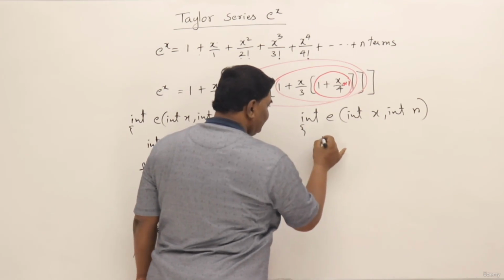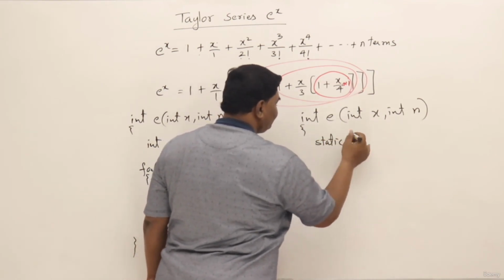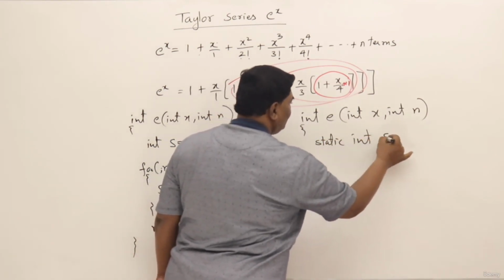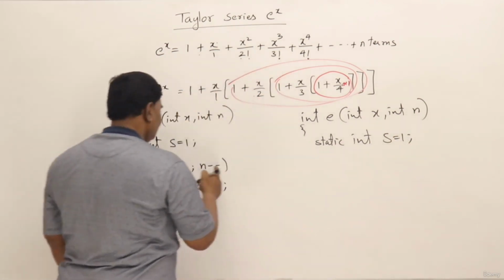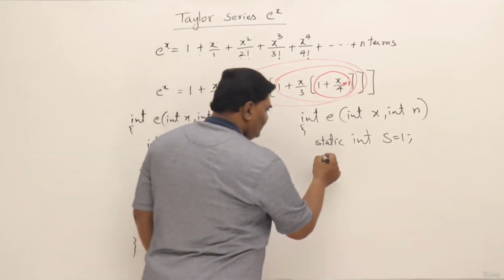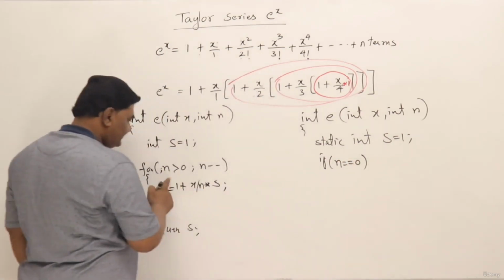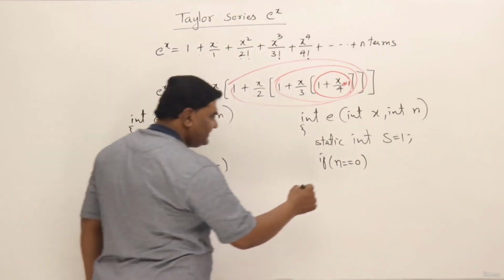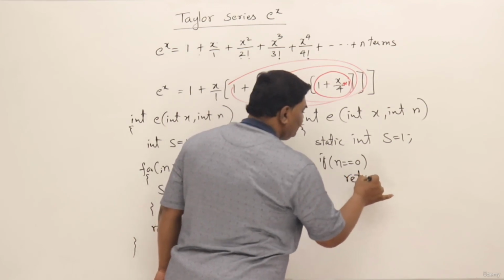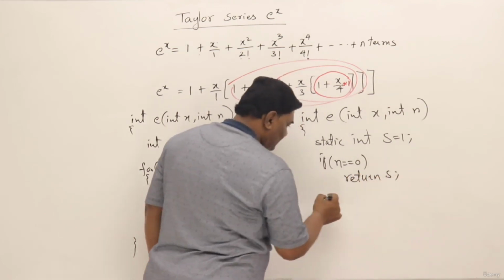I need one static variable for storing the sum, whose value is 1 initially. Now if n is 0, that means when it has reached 0, do nothing but return s. So here also I will write down s.